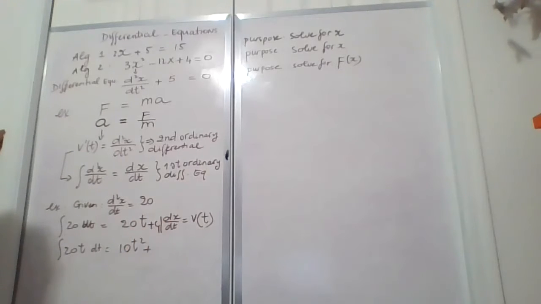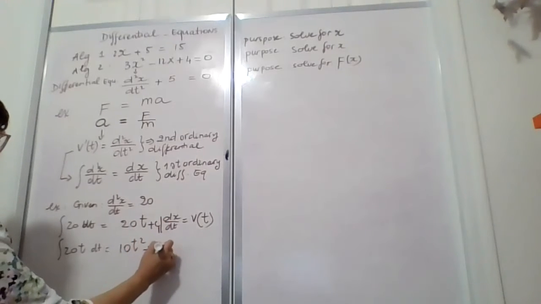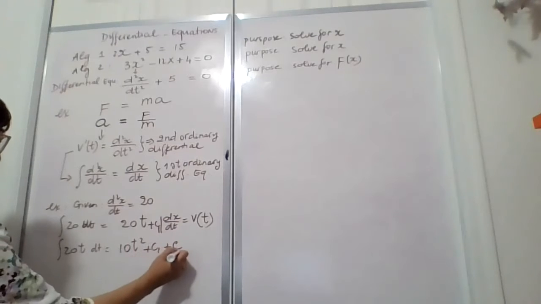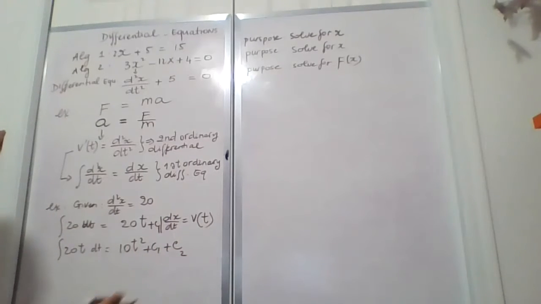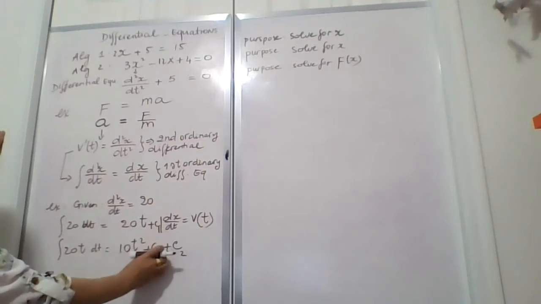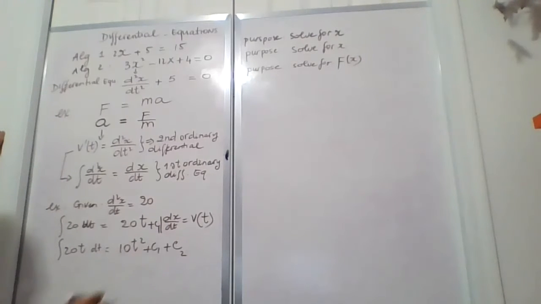So let's call this c1. Now we integrate a second time, and we have another arbitrary constant, plus c2. And that gives you more information. You can find out what c1 and c2 are and put them back into the equation, right? We did that in the previous lesson.